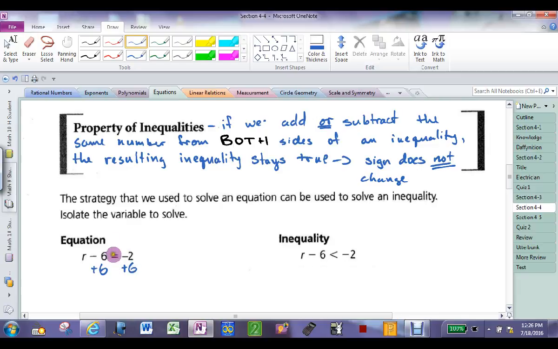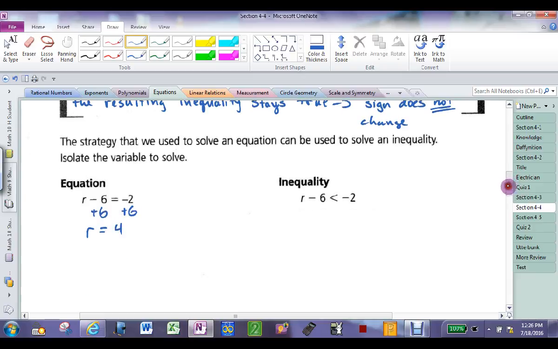So does the symbol in the middle stay the same? Yes. So R equals what? 4. How many answers does this equation have? One. What is the only number that can go in that equation? 4. Every other number will make that equation untrue. So it's got one answer, right?